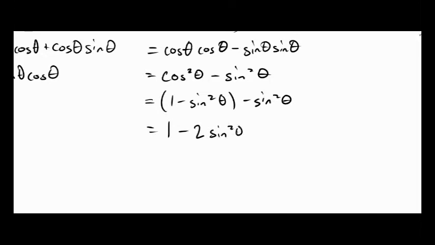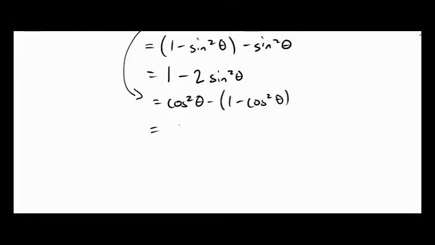sine squared theta. Or I could replace sine squared theta, and I would get cos squared theta minus bracket 1 minus cos squared theta, which is going to be a negative 1 and a positive cos squared theta. So it's going to be 2 cos squared theta minus 1.